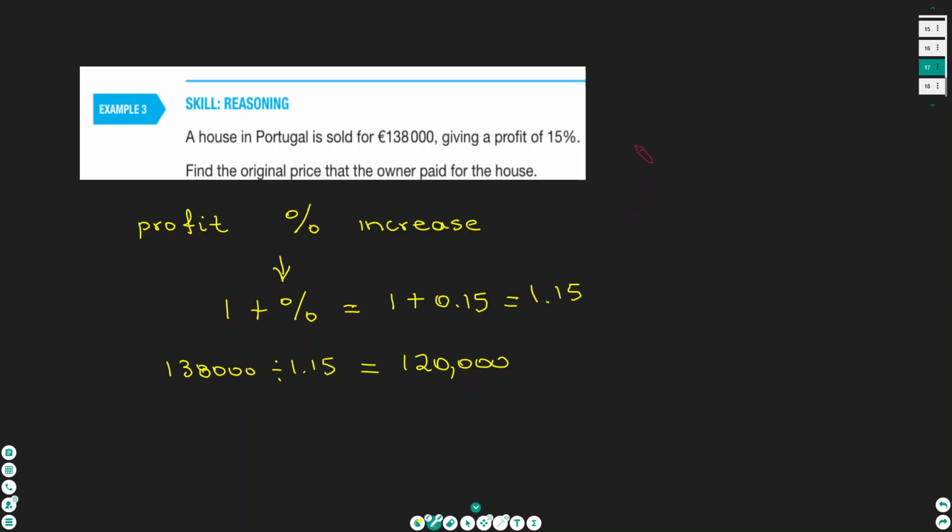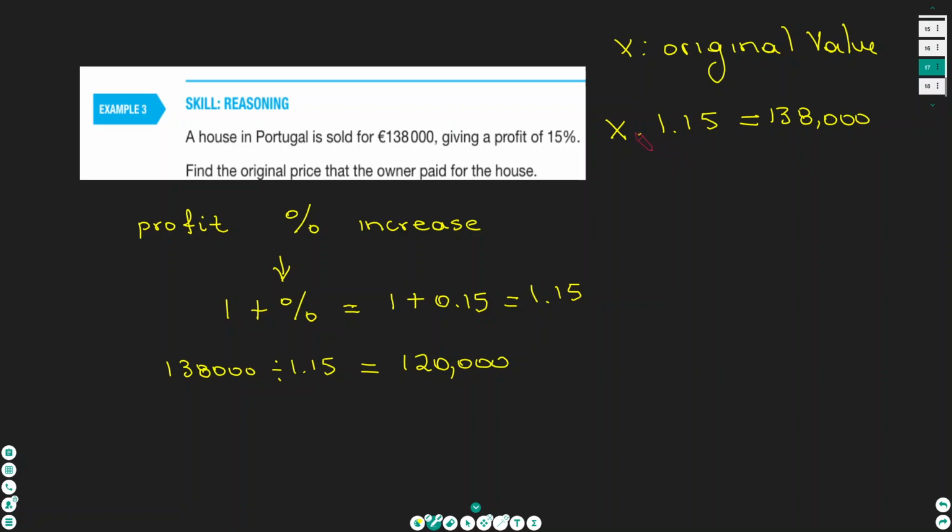Another way is to prepare an equation. You can make x the original value of the house. Then you multiply by the multiplier, 1.15, and this is equal to the future value, 138,000.